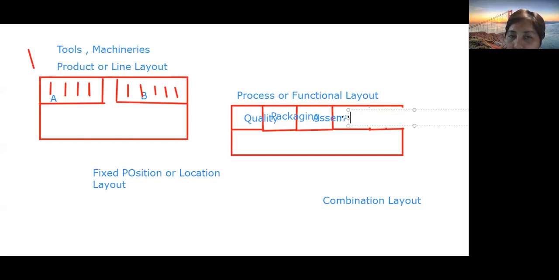Here, casting for tools, casting for machineries. Here, assembly of tools and assembly of machineries. Here, packaging of tools and machineries, and quality control for these products. So that is the difference. That is now by process.